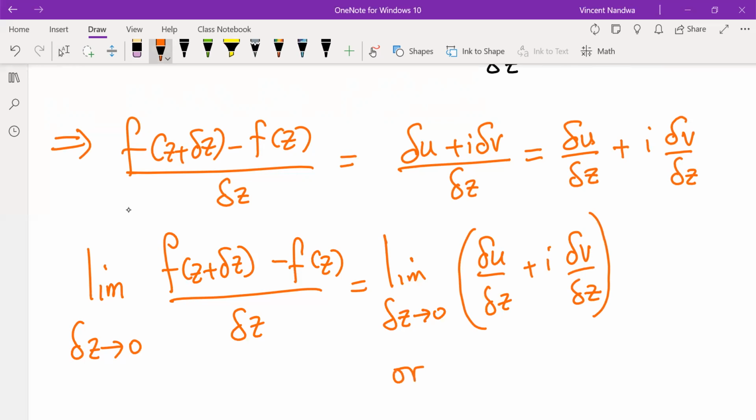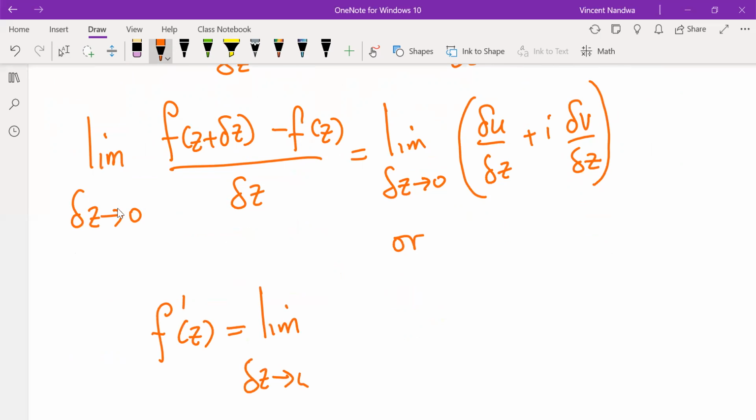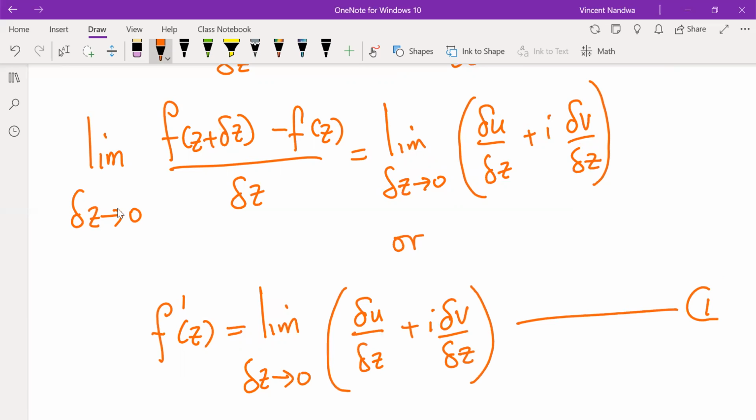Or we can write this as f prime of z, because that's what defines this limit, is given by the limit as delta z approaches 0 of delta u over delta z plus i delta v over delta z. Let's call this one equation 1.